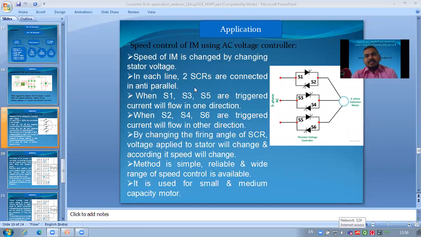This method is simple, reliable, and a wide range of speed control is available. It is also used for small and medium capacity motors, so we can easily control the speed of an induction motor using this AC voltage controller.